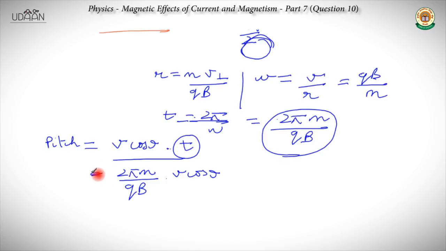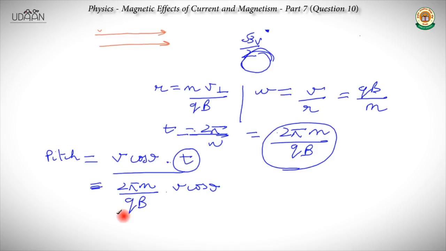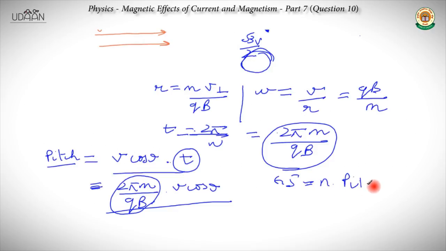Now here's the thing: the distance GS can be a multiple of the pitch. This is the particular pitch, but GS can be equal to n times pitch. Now let's equate.